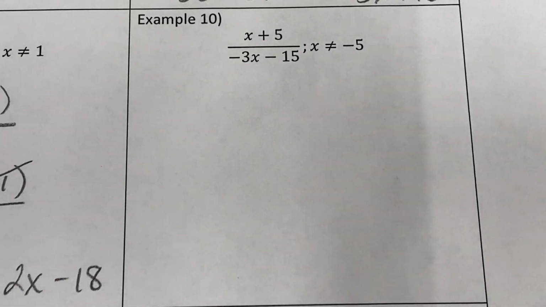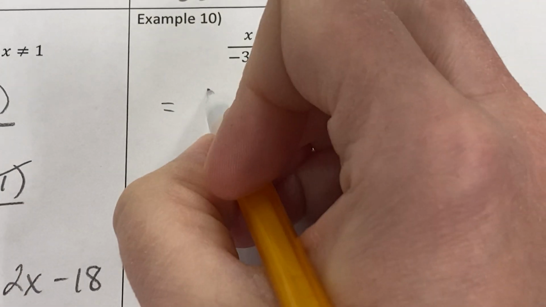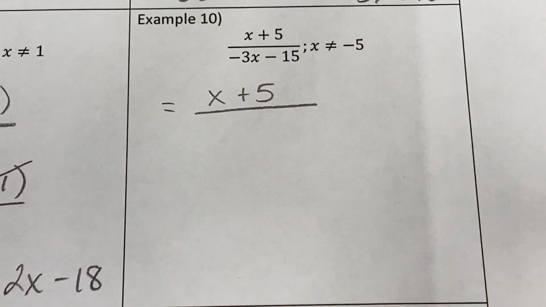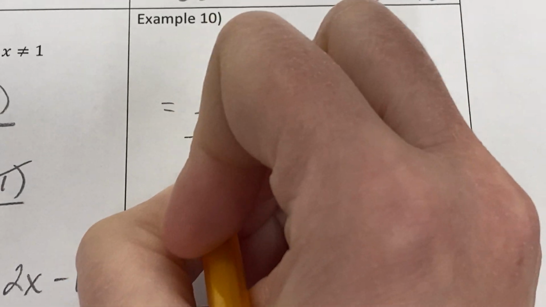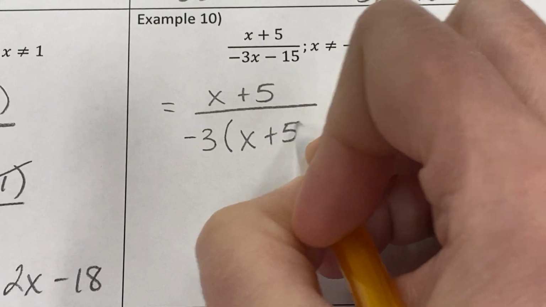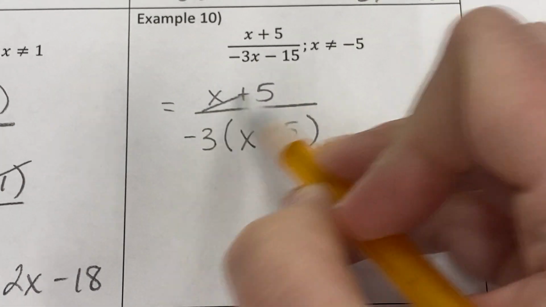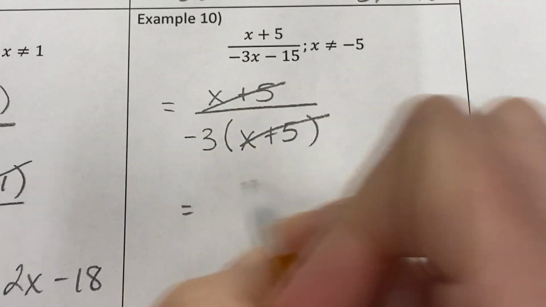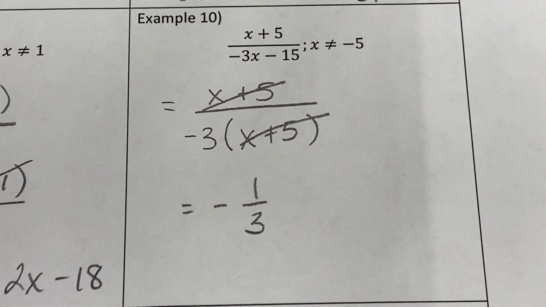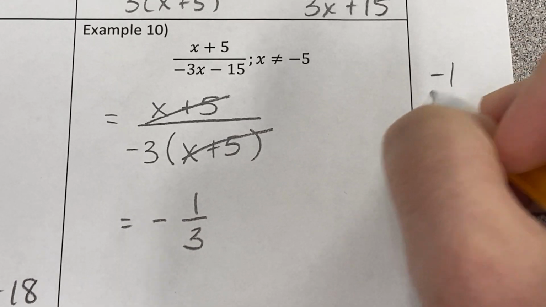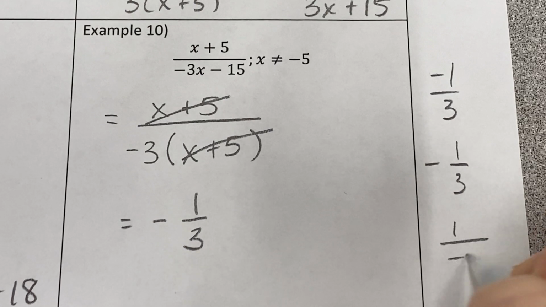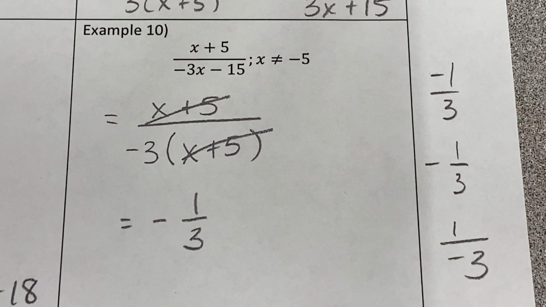Example 10. Nothing to do in the numerator, nothing factors there. In the denominator, I have a GCF of negative 3. So that would leave me with x plus 5. So these cancel, and it leaves me with negative 1/3. Remember, just a side note, negative 1 over 3, negative 1/3, and 1 over negative 3 are all the same thing.